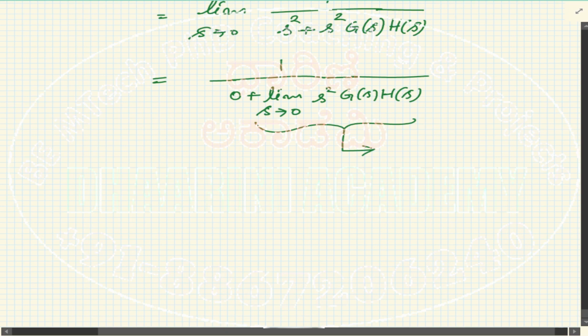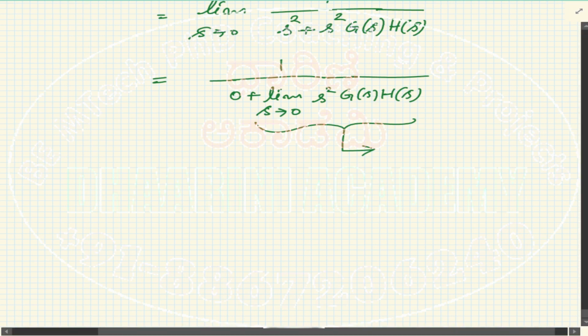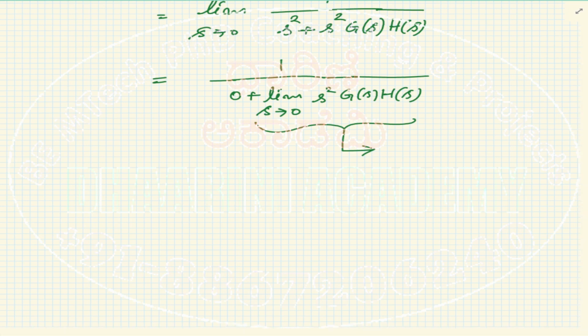Because just now we understood that G into H is Kp, s into G into H is Kv. So s square should be, it's a double differentiation, right? s is differentiation, s square is double differentiation. So when you have a position and differentiate that twice, what do you get?